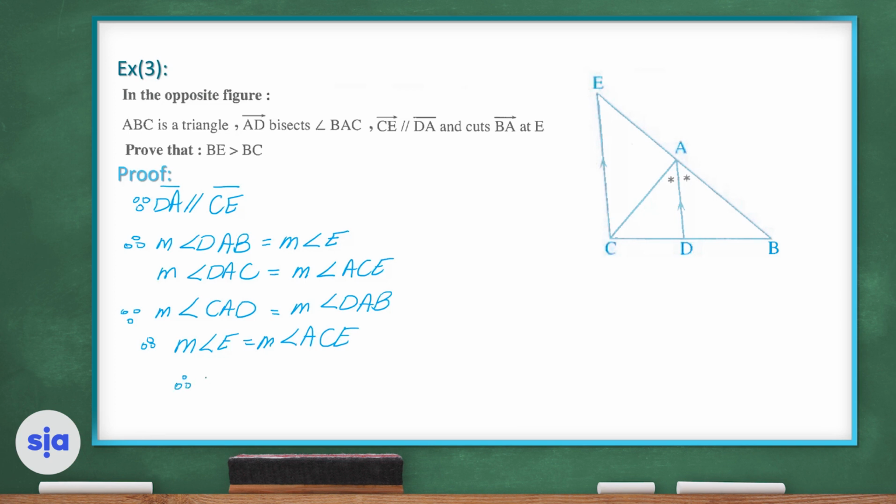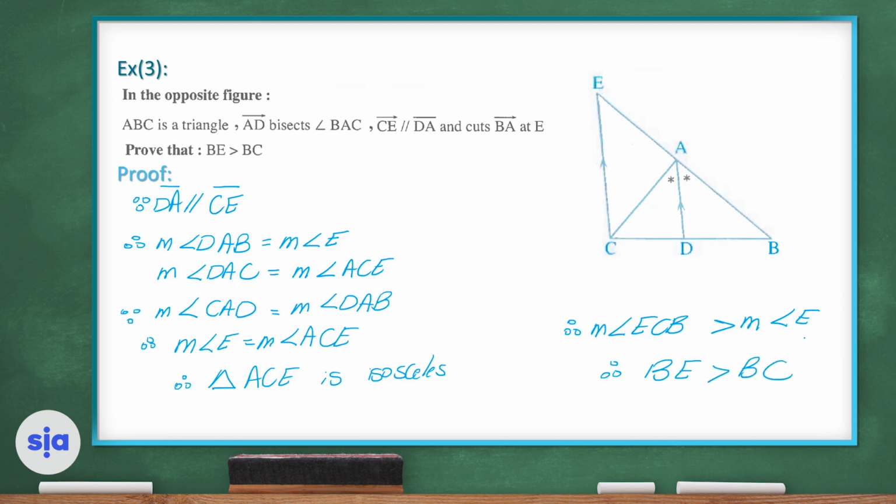Therefore, triangle ACE is isosceles. Since triangle ACE is isosceles, therefore the measure of angle ECB is greater than the measure of angle E. Therefore, BE is greater than BC.